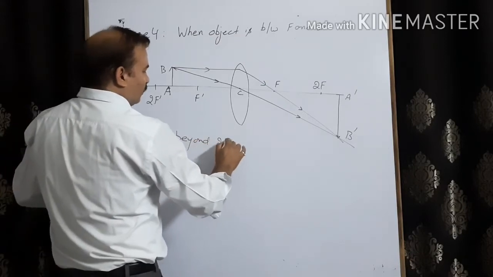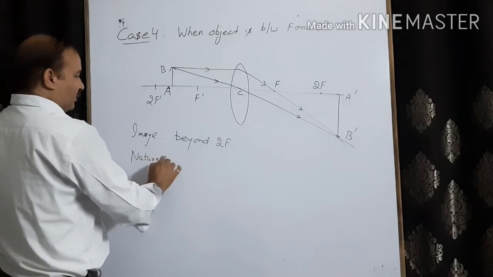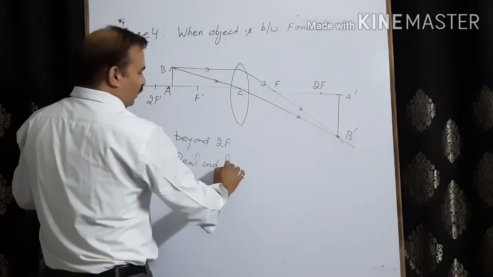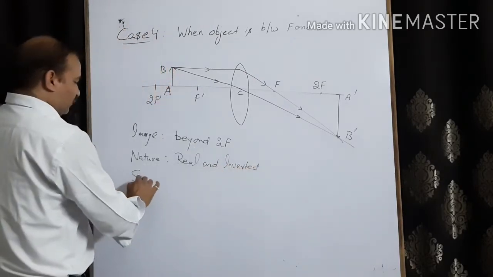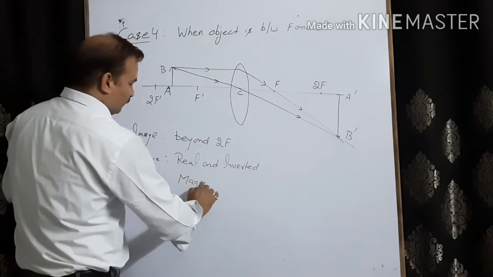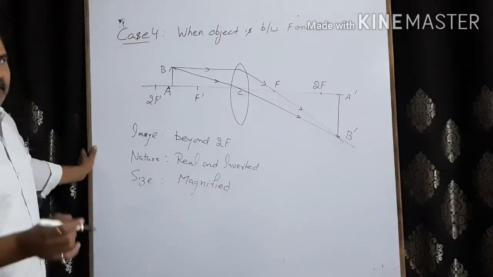Beyond 2F. The nature of the image is real and inverted, and the size of the image is magnified.